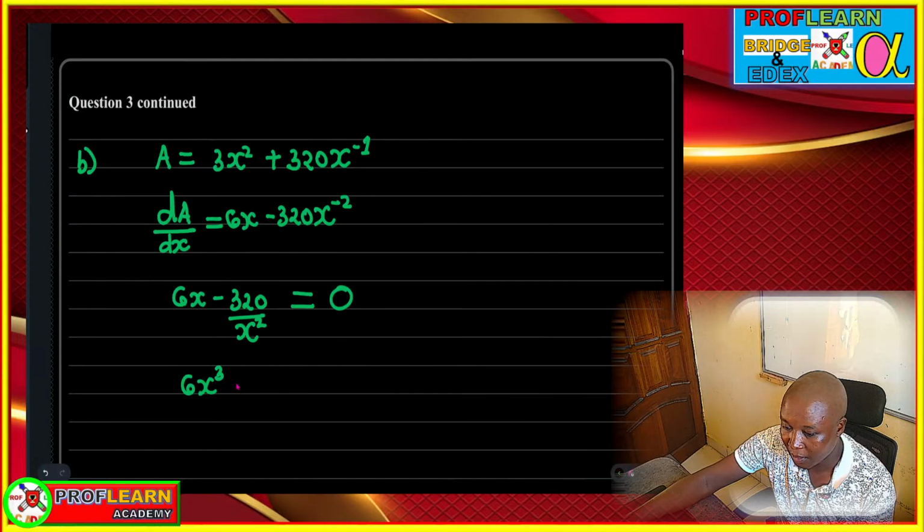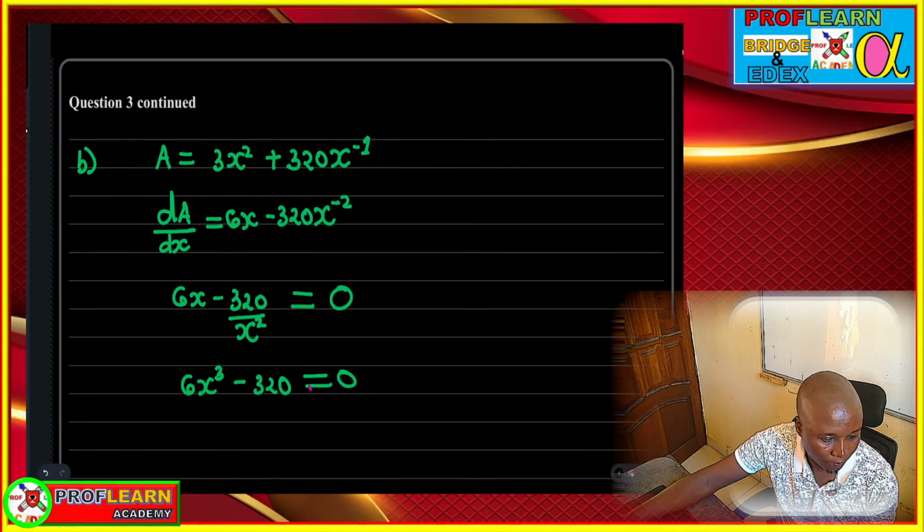So we shall have 6x cubed minus 320 is equal to 0. What do we do at that point?